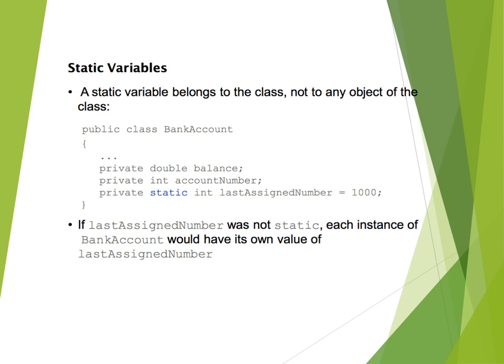However, balance and account number are not static, therefore every object of BankAccount would have its own balance and account number, but not every object has its own lastAssignedNumber.